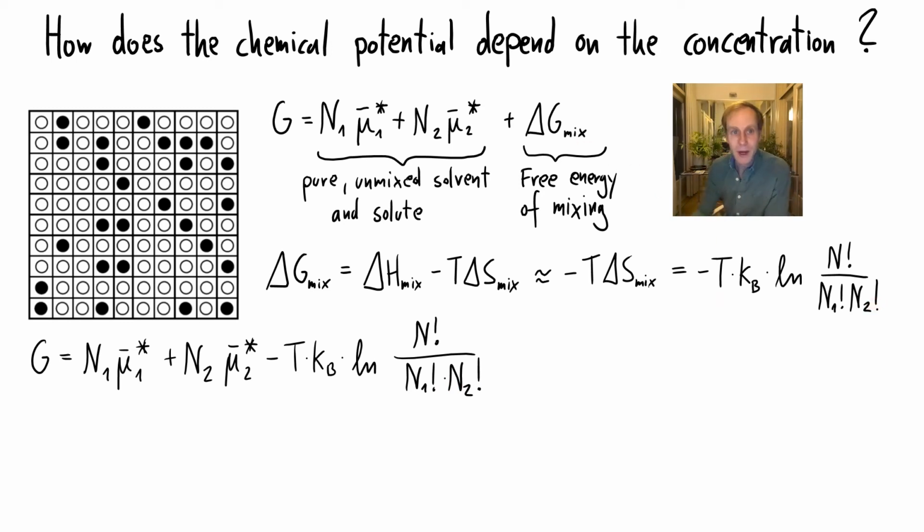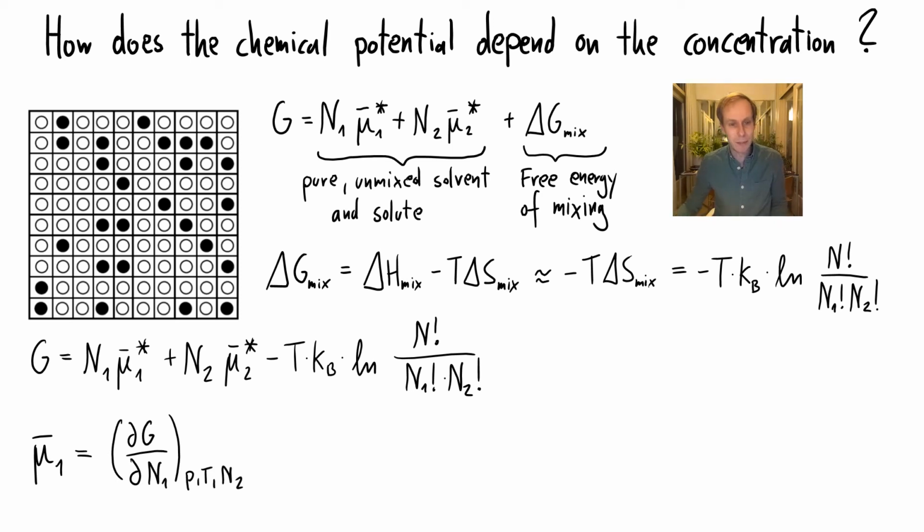Okay, remember our goal was to obtain a dependence of the chemical potential on the concentration. That's our goal. So now we know how the free energy of the total system can be expressed with this formula. Now, to get an expression for the chemical potential, we remember that the chemical potential is defined as the partial derivative of the free energy with respect to the amount of molecules being added or subtracted from the system.